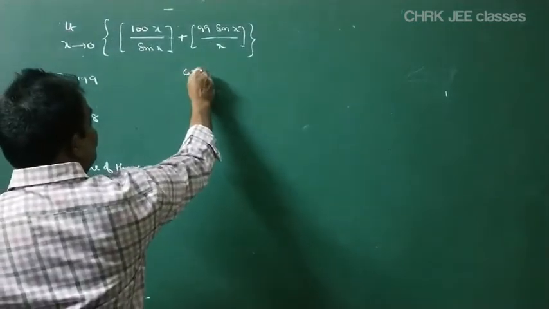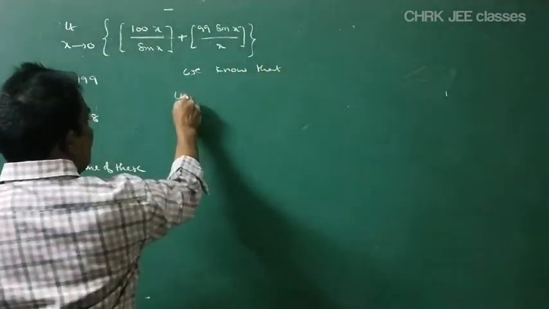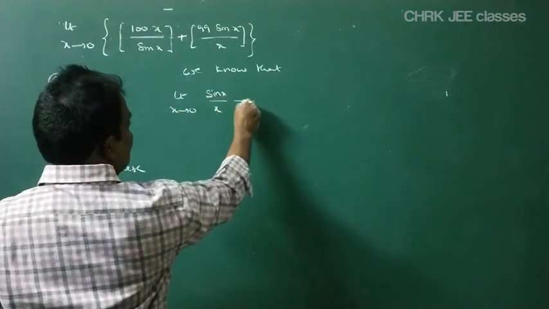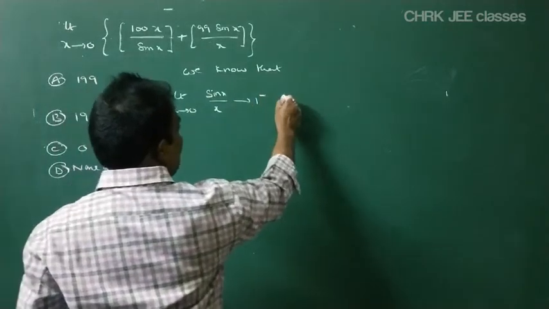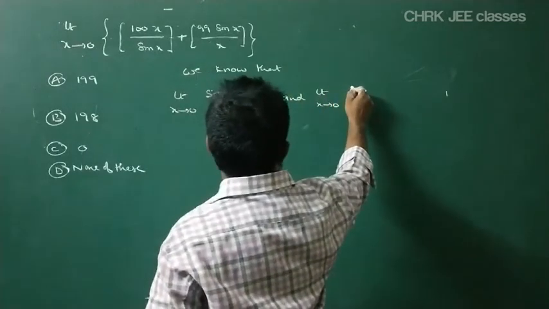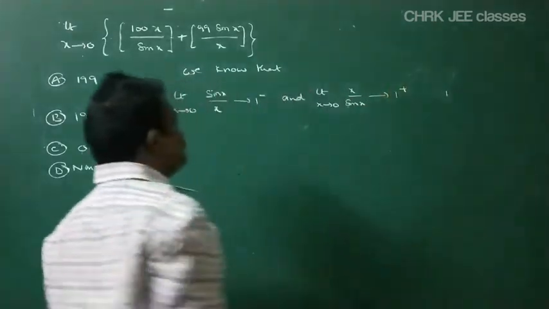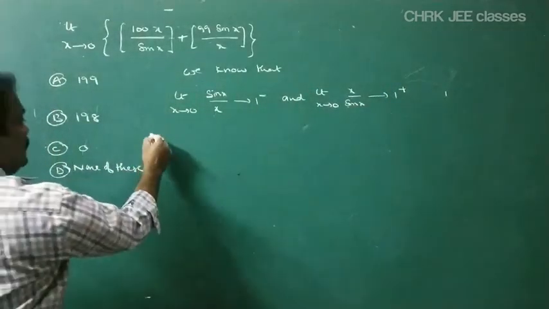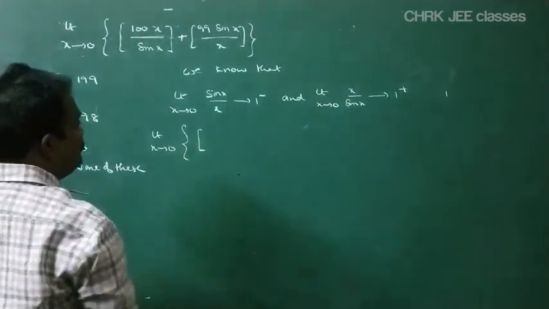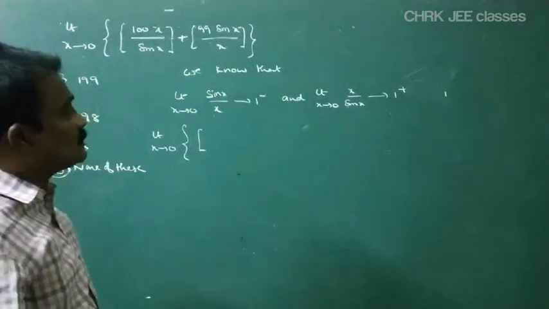We know that limit x tends to 0, sin x by x tends to 1 minus, and limit x tends to 0, x by sin x tends to 1 plus. By using this one, limit x tends to 0, integral part of x by limit x tends to 0, x by sin x tends to 1 plus.